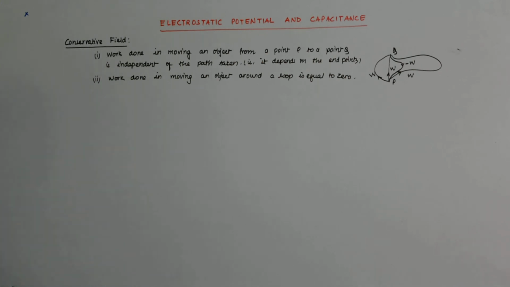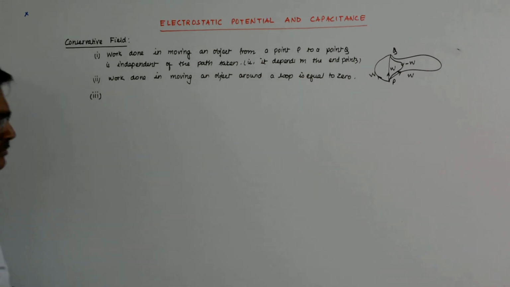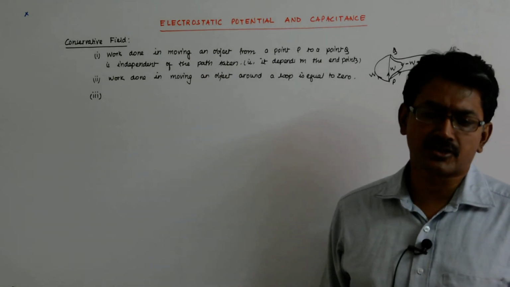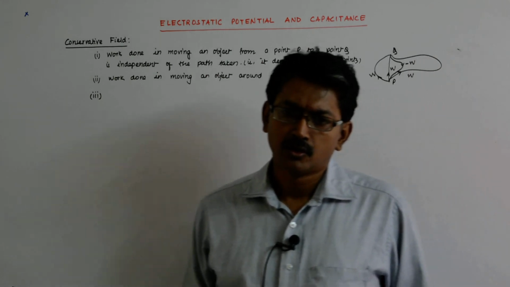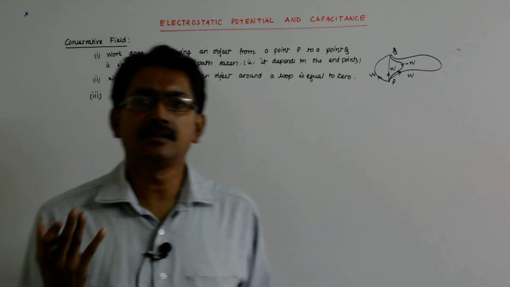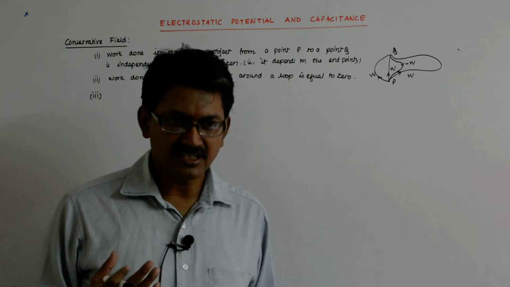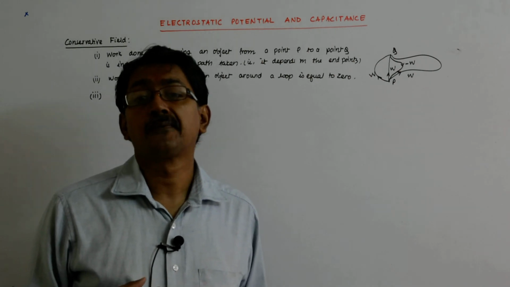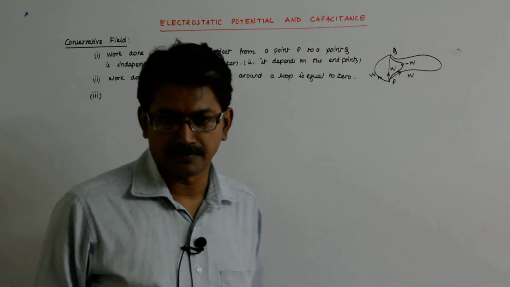And then the third fallout was, if you do work against the system, then it gets stored as potential energy. So you will be able to define a term called potential such that minus dV upon dx is equal to F of the system.